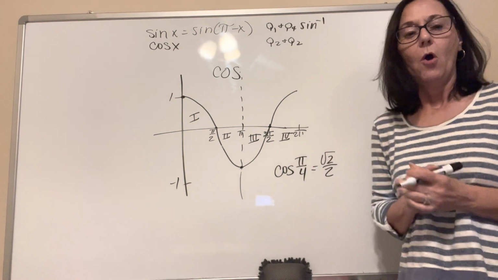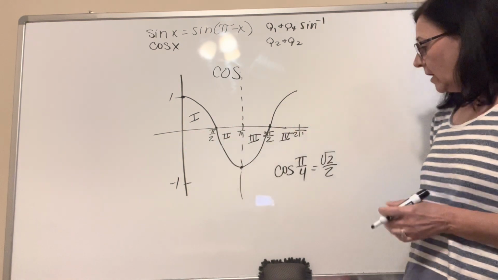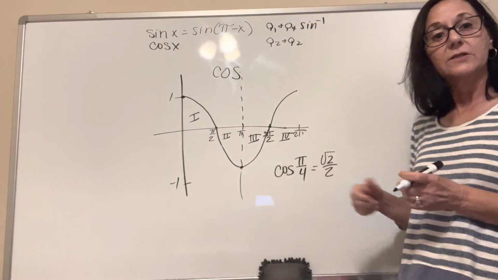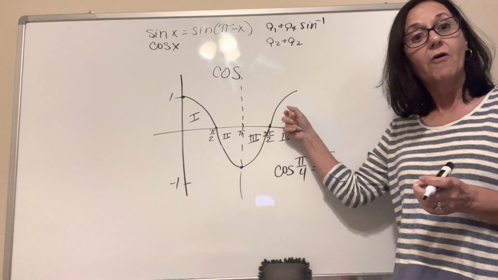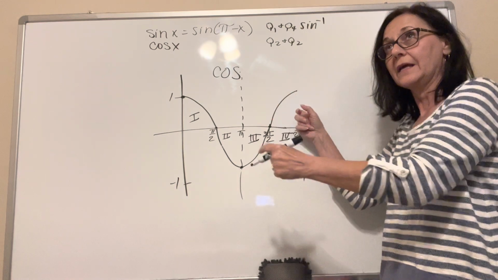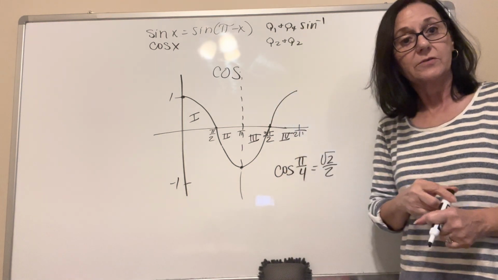So you just want to look at where else on this curve what other radian measure has the cosine ratio square root of 2 over 2. Well, you know you have to go to the fourth quadrant, because all students take calculus: the first quadrant and the fourth quadrant is where the cosine is positive.